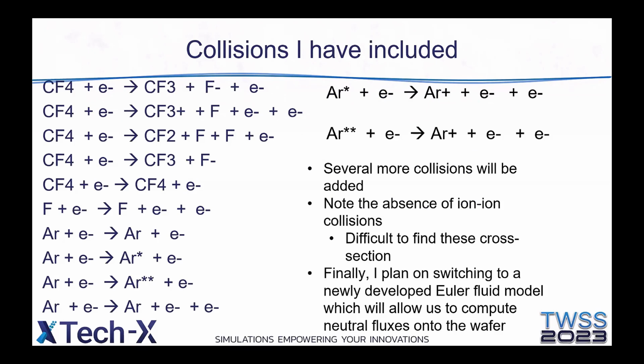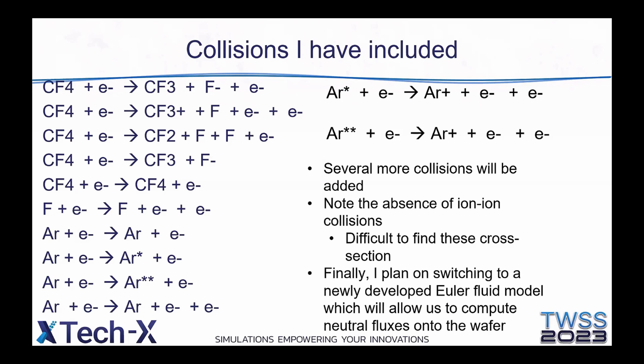You'll notice these are all reactions with electrons. Part of the reason is that when I started digging into the data, I didn't have the cross sections for those ion-ion collisions or ion neutral collisions. One thing to know here is if you want neutral fluxes onto the wafer, we can do that with our Euler fluid model.